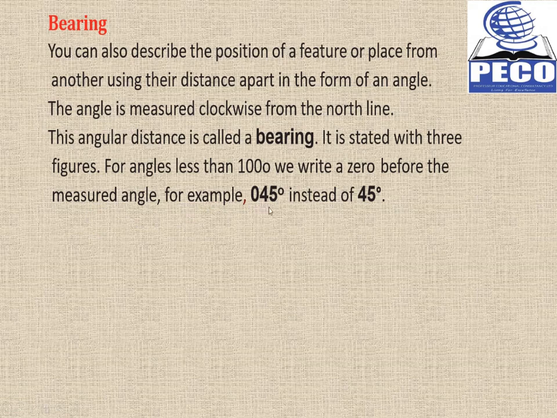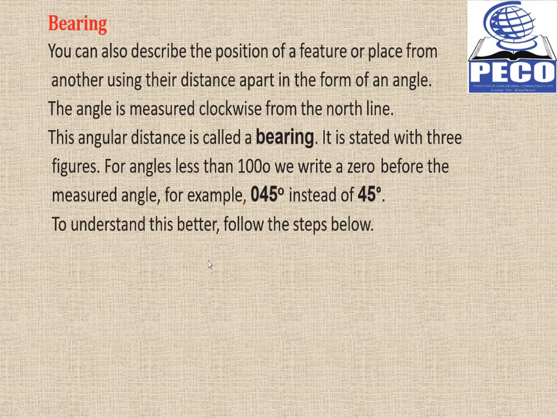For example, if the angle is 45 degrees, then we write a 0 before we write 45. So we write 045 degrees instead of 45. If it is above 100, we write the actual figure that we have measured, maybe 110 degrees, 101 degrees.